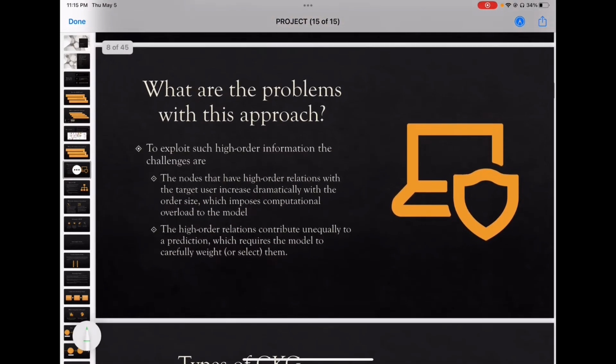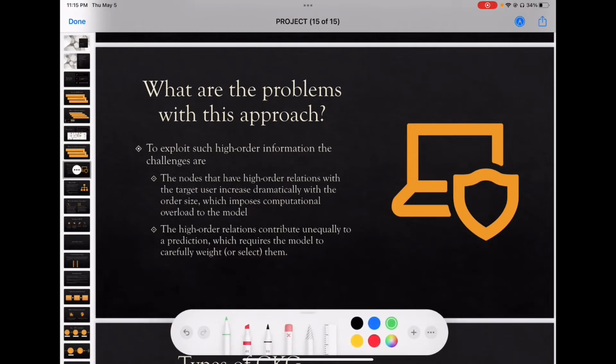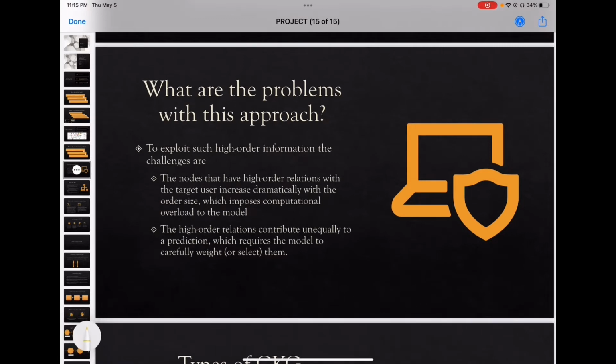Now, to exploit such high order information, the challenges are that the nodes that have high order relations with the target user increase dramatically with order size, which imposes computational overload to the model.